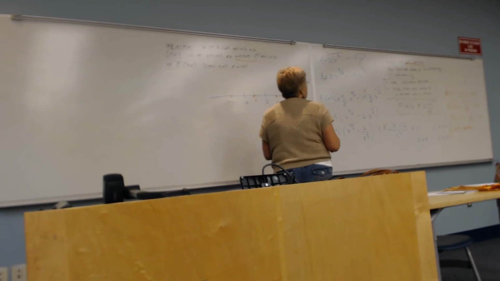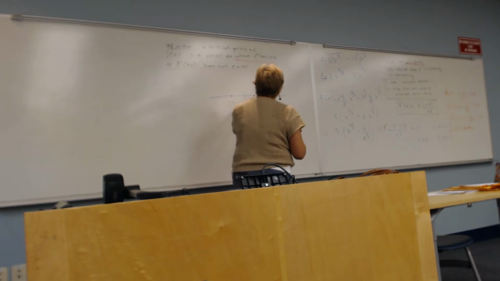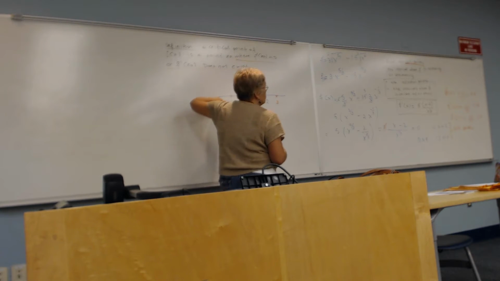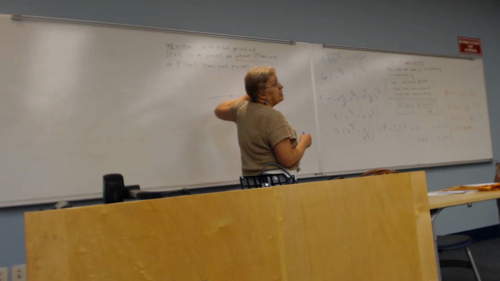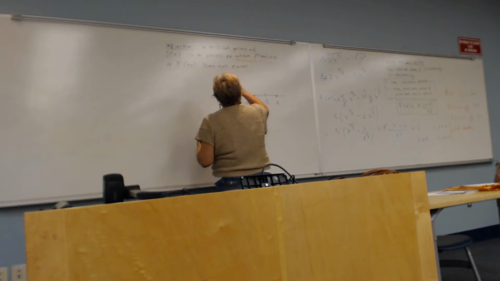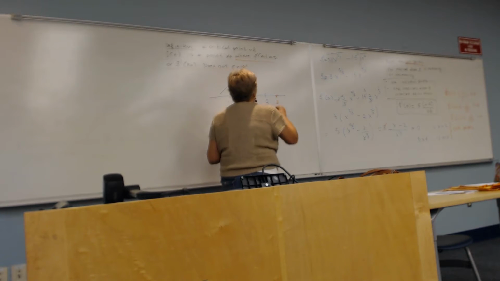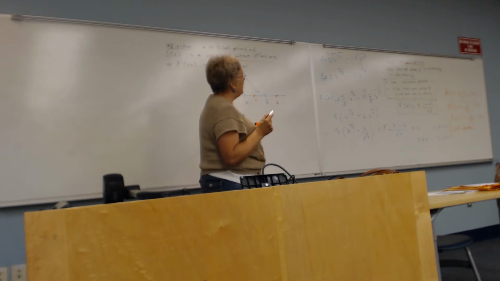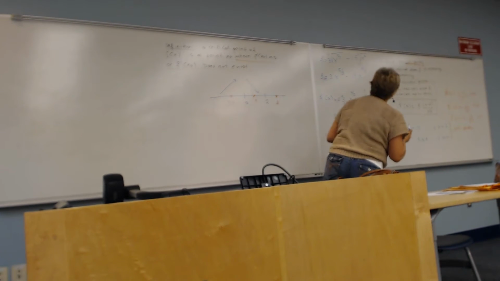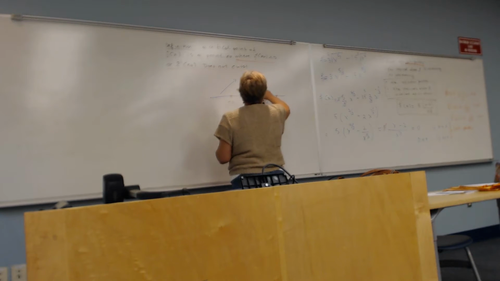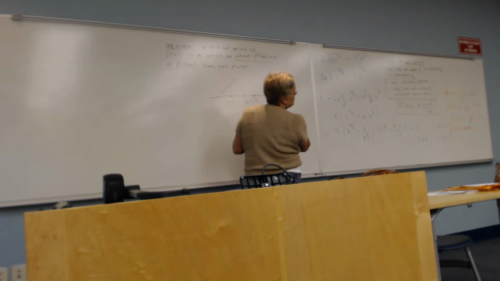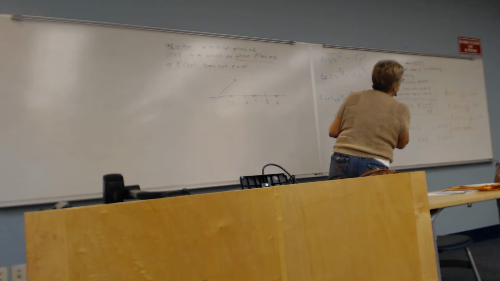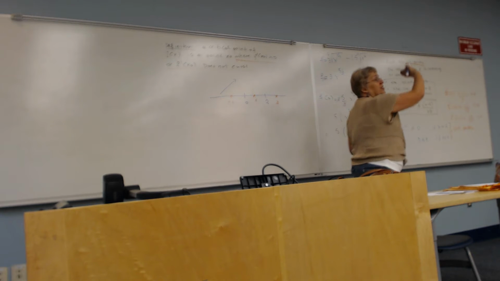So it means that at 1 the derivative is negative, so the function goes down. At minus 1 the derivative is positive, so it goes up. It's always best to have the points in order.